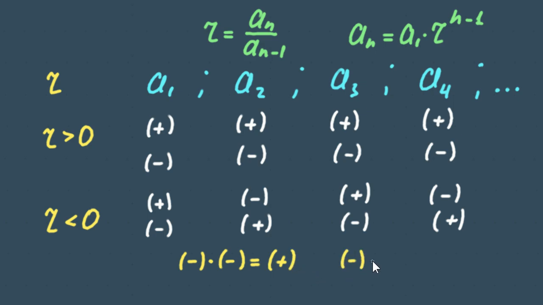And when multiplying a negative number by a positive number, or vice versa, the result will be a negative number. So here, if the number a is a positive number, we multiply a positive number by a negative number, the result will be a negative number. Then we multiply a negative number by a negative number, we get a positive number, and so on.